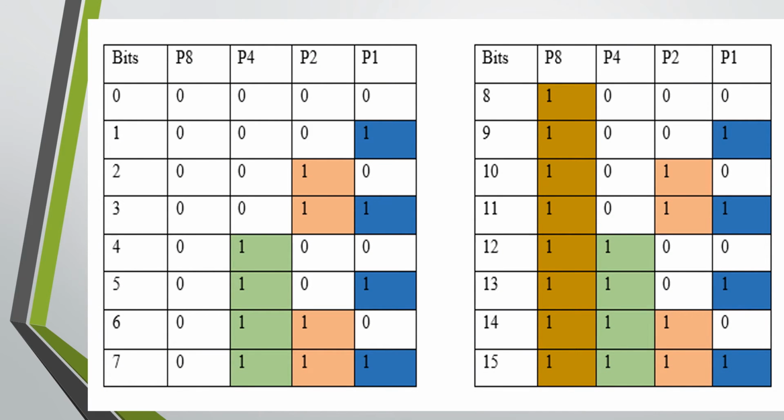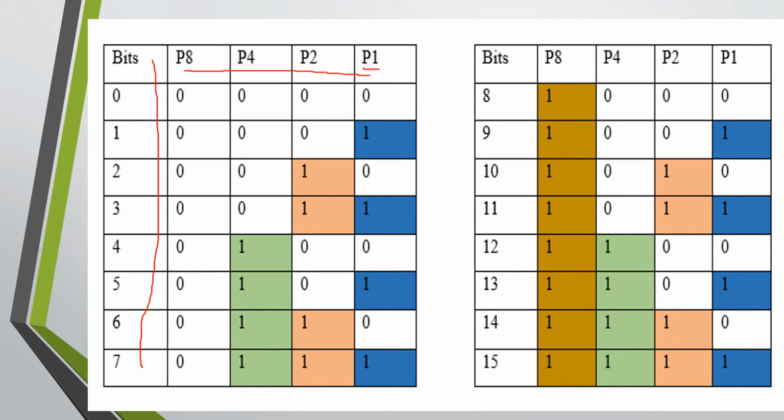This will also represent the same. This column represents the bit position and the other columns represent the parity bits. Here, to calculate the value of P1 use position numbers 1, 3, 5, 7 and so on.